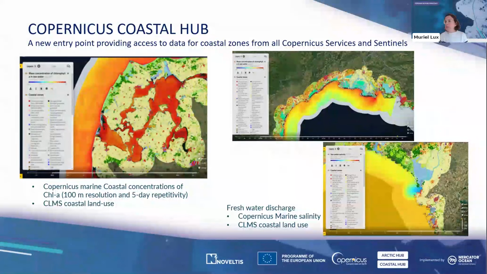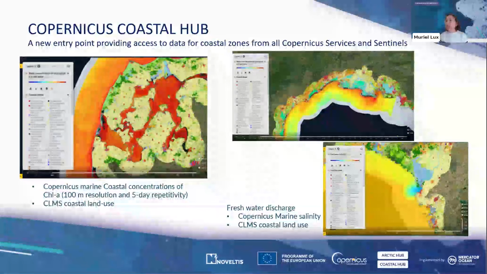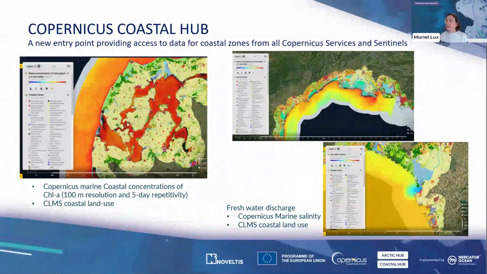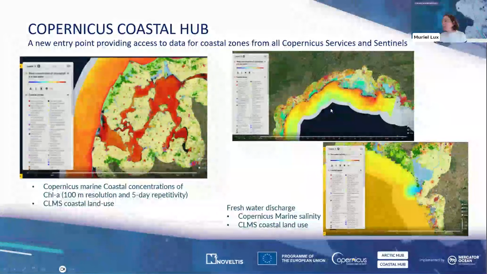We will see that in the next presentation. This is some example of views you can build from the visualization tool. You can visualize, for example, here, concentration of chlorophyll at high resolution and the coastal land use in different regions.